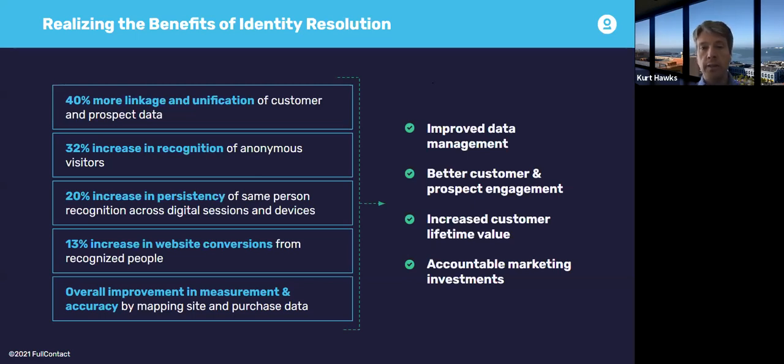Talk around, hey, better ability to improve your data management, driving better customer and prospect engagement, increased lifetime value, making investments more accountable. That's all well and good. But what we've done here on the left-hand side is we looked across our customer base and really quantified the impact that we're driving for our customers in terms of hard numbers.